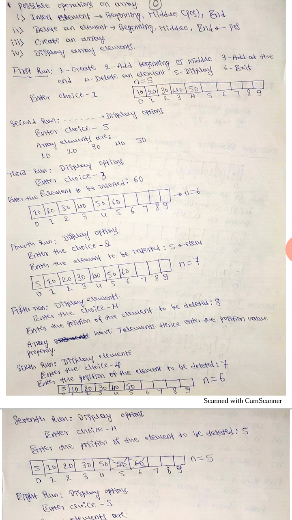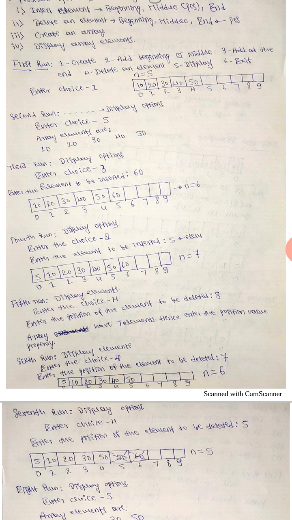Here I have shown the display items, and the array items, if you observe, are the output of this operation: 10, 20, 30, 40, 50. These are the elements which we have stored at the time of creation of the array.